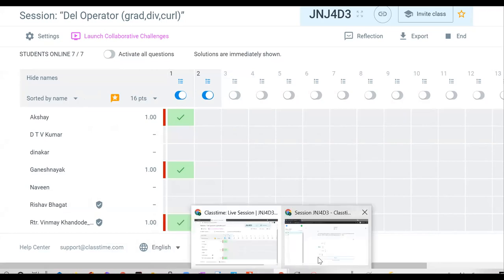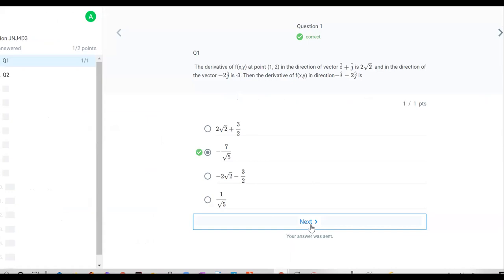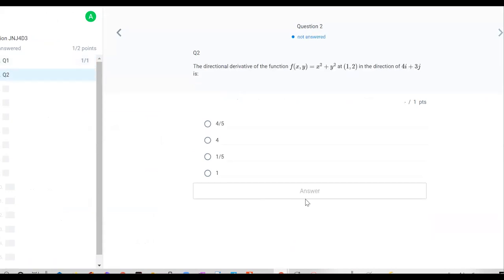So let's do the next question. Find the directional derivative of this function in the direction of 4i plus 3j. This is easy.